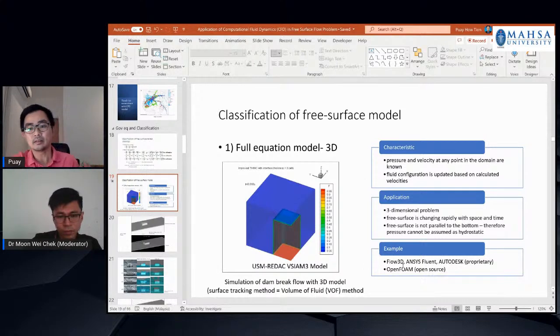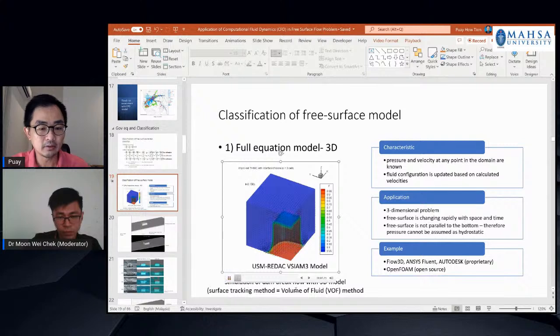In the market, you can find these 3D models from Flow 3D, ANSYS Fluent, Autodesk, and for the open source one, you can use OpenFOAM. In this animation, we are using the volume of fluid method as a surface tracking method.